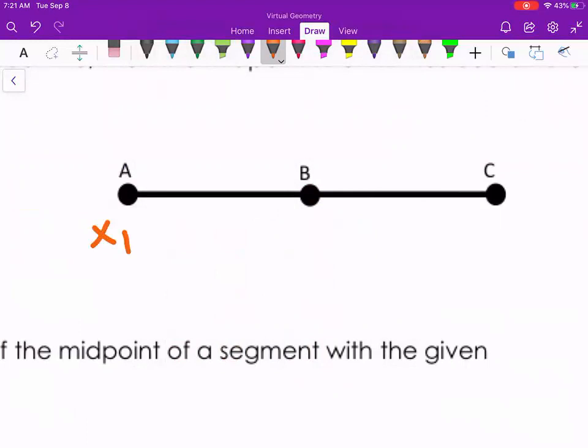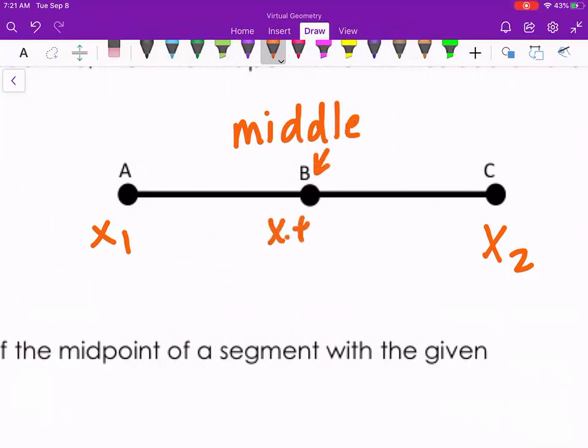The second endpoint, the other end over on the far side, we'll let that be x2. When we find the midpoint, that's the point in the absolute middle. So this is the location where we'll find x1 plus x2, and then we'll divide that number by 2, and we'll figure out where the middle is located.